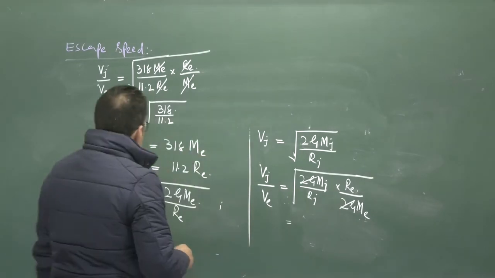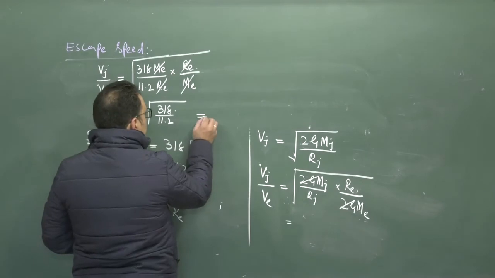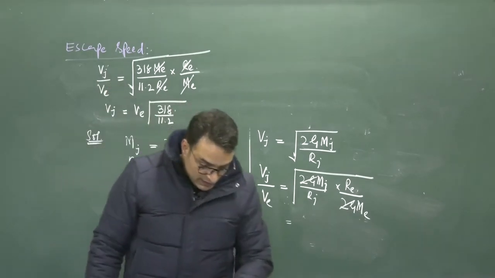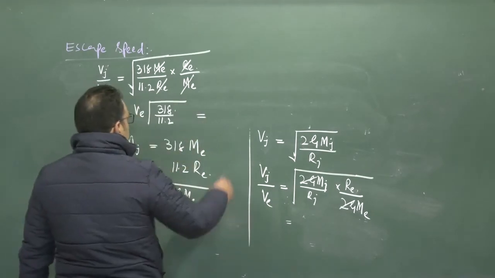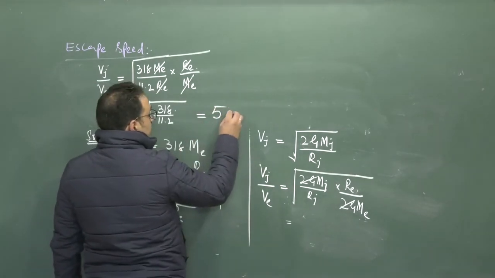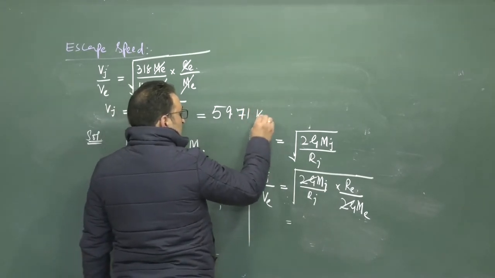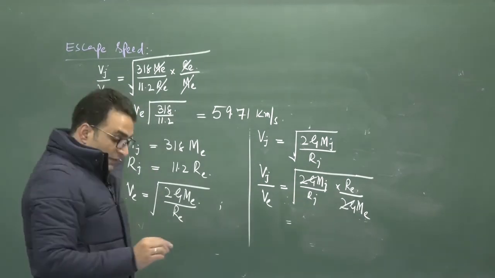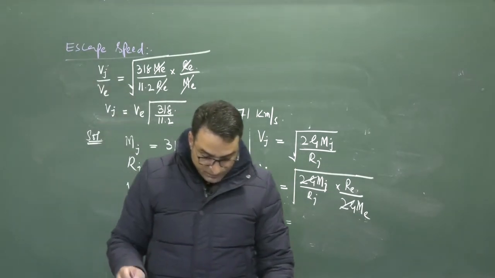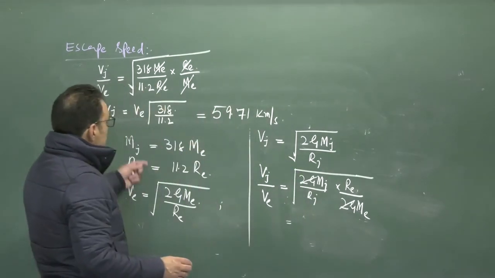Now, on substituting Ve equals 11.2 kilometer per second, we are left with Vj as 59.71 kilometer per second. This is the required value for the escape speed for Jupiter.